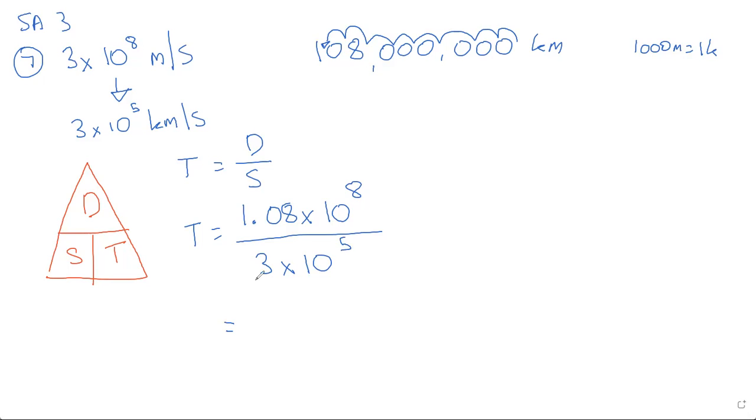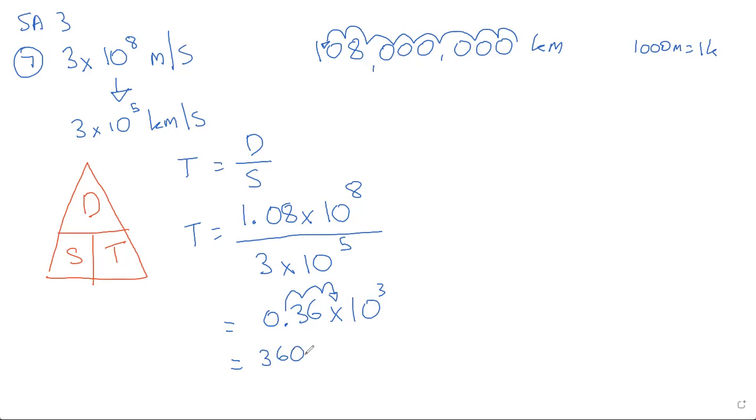I'm going to divide the numbers and divide the powers. 1.08 divided by 3 is 0.36. Remember, when we're dividing, we subtract the powers, so this should be 10 to the 3. Let's make this a number: 3 means I move it 3 places across, which gives me 360.